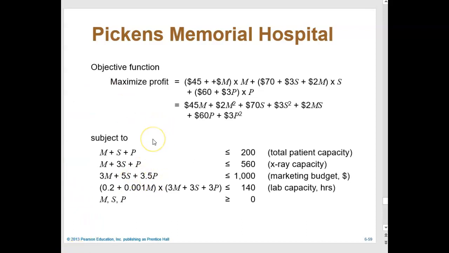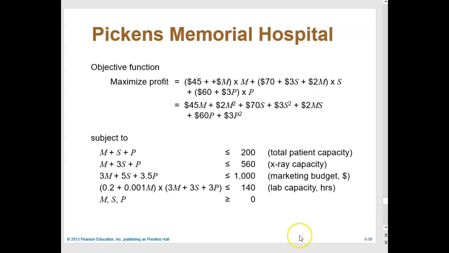If we are solving this problem to find out what is the maximum profit that this hospital can make given the amount of resources that they have, and how they can achieve this maximum profit, in other words, what number of medical patients, what number of surgical patients, and what number of pediatric patients they would require in order to make maximum profit, that is what we're solving for in this particular NLP model.